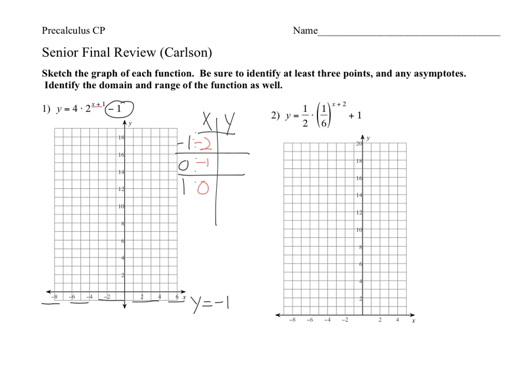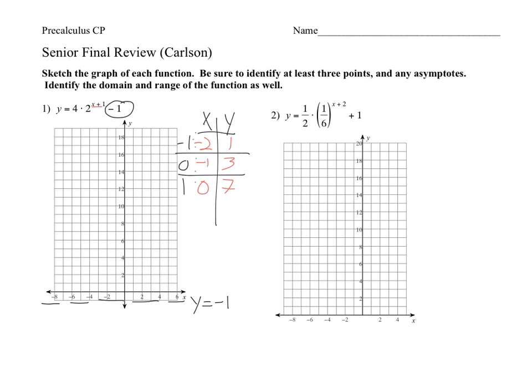When I plug in -2, we get 4 times a half, which is 2, minus 1, which is 1. When I plug in -1, we get 4 times 1 is 4, minus 1 is 3. And when I plug in 0, we get 4 times 2 is 8, minus 1 is 7.